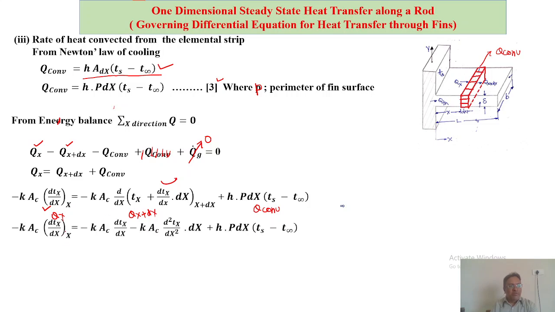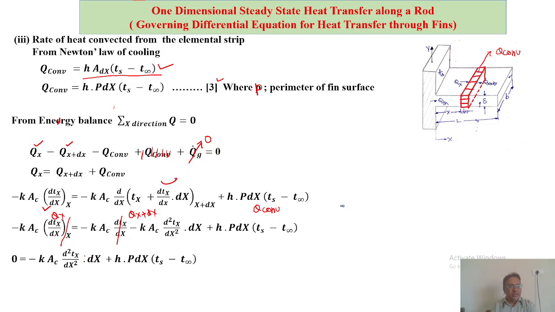The left hand side will remain the same when I take into consideration the derivative of the entire term. The right hand side will become equal to minus kAc dT/dx minus kAc d squared T/dx squared into dx plus h into P into dx into Ts minus T infinity. Now these two terms will cancel out each other.